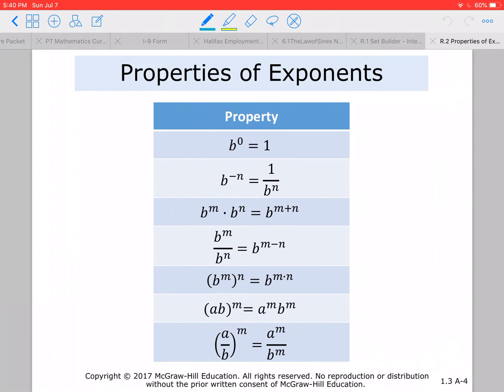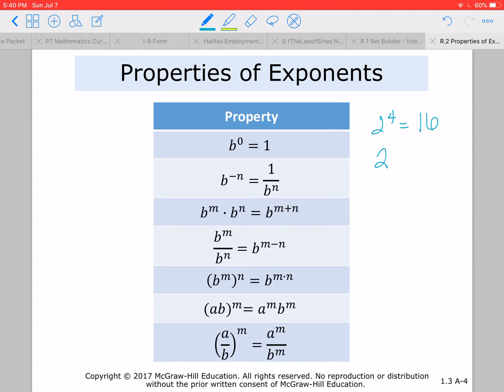Let's see if I can show you some reasons as to why this is true. You don't have to write this down, by the way. So let's say we've got 2 to the 4th. We know that is 16.